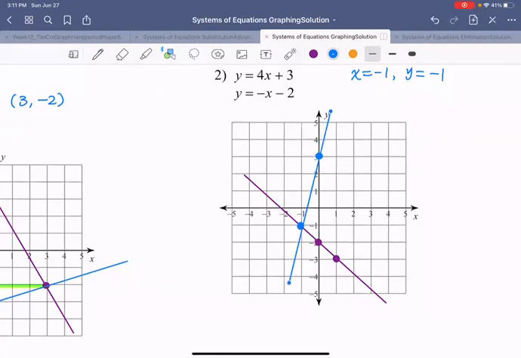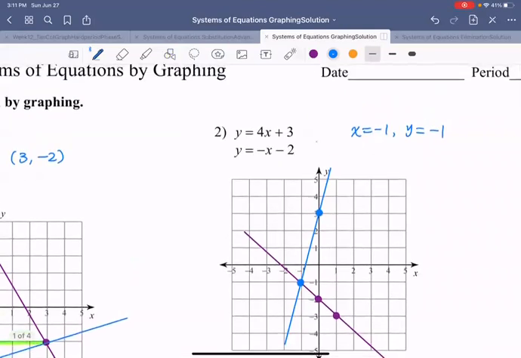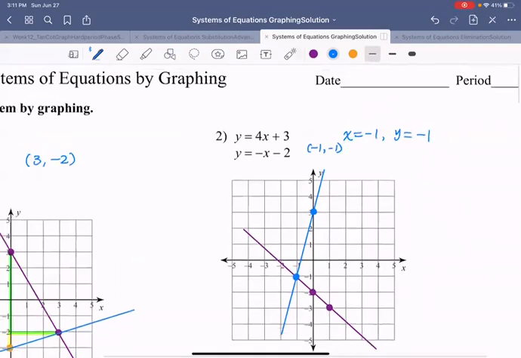Okay. This line and this line are crossing at which location? (-1, -1). Okay, (-1, -1) is the solution of the system of linear equations.